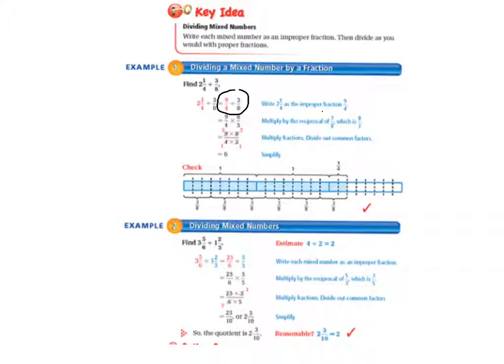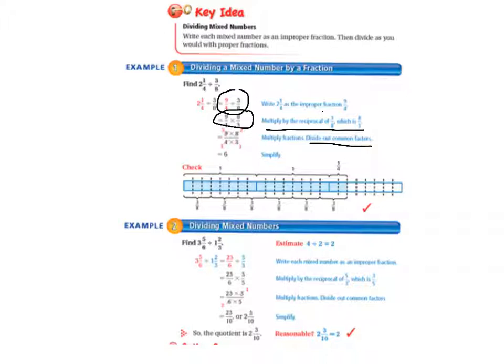So we wrote 2 1/4 as an improper fraction, 9/4. And then we multiply by the reciprocal of 3/8, which is 8/3. So our new problem is right below. And when we go to multiply our fractions, we're going to divide out the common factors to make simplifying easier.